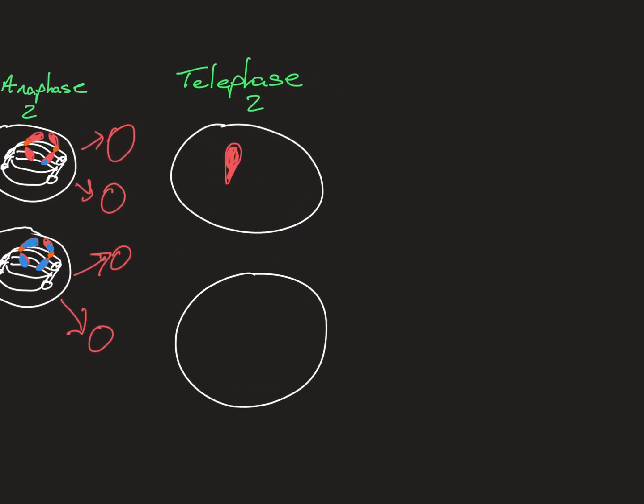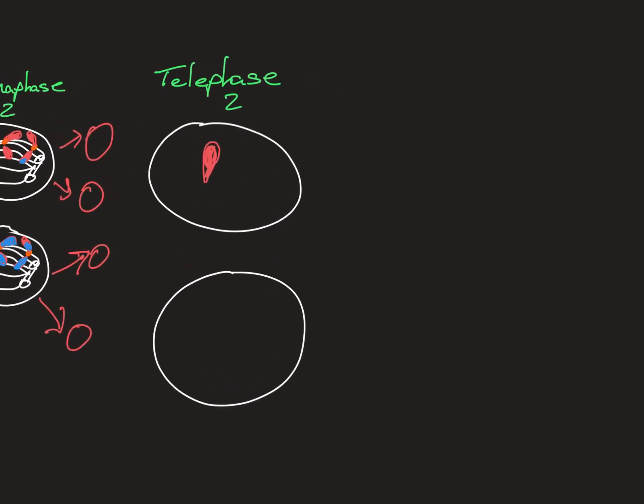Each of these, so that's 2. So you're going to end up with 4. One is going to have the original DNA from mom. The other one's going to have the original DNA from dad. And the others are going to be mixed up.